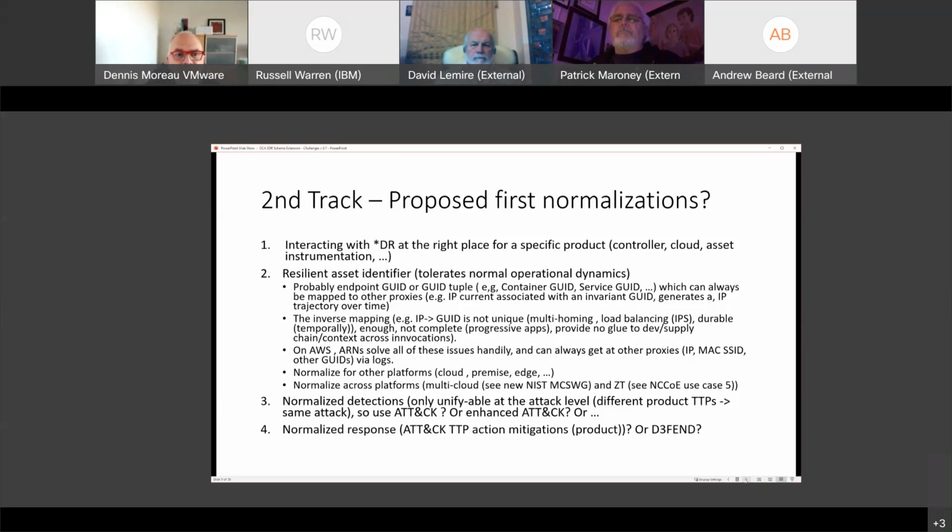That just means that instead of giving that unified command and control layer an IP address, which would break if there's any dynamics or any ambiguity or any number of things, I give it that normalized definition, the GUID, which has the right reference for whatever the hosting platform is, if that makes sense.